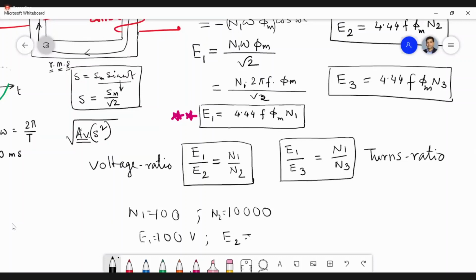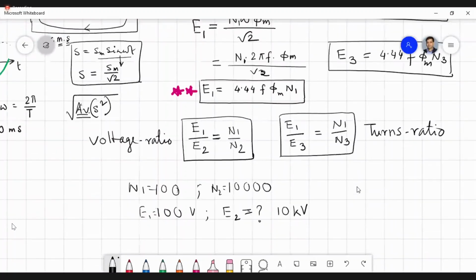So 10,000 volts, 10 to the power 4 volt. That means 10 kV, isn't it? 10 kilovolt.